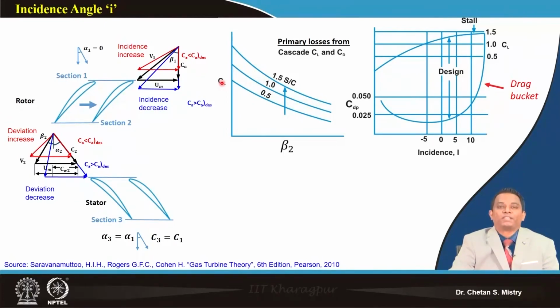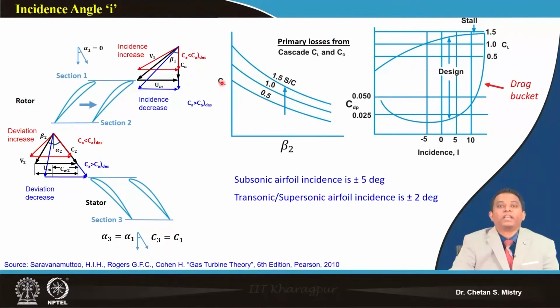Okay, so what it says is, when we have subsonic aerofoils, my incidence can be varied from plus 5 to minus 5 degrees. When we have transonic or supersonic aerofoils, my incidence is plus or minus 2 degrees. Here we need to realize one thing: as we have discussed, the kinds of aerofoil we use for subsonic application and for transonic application have different leading edge thickness.